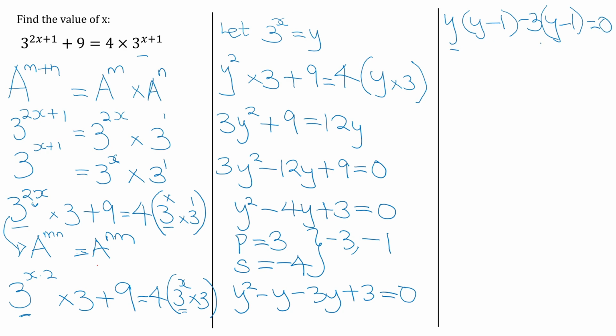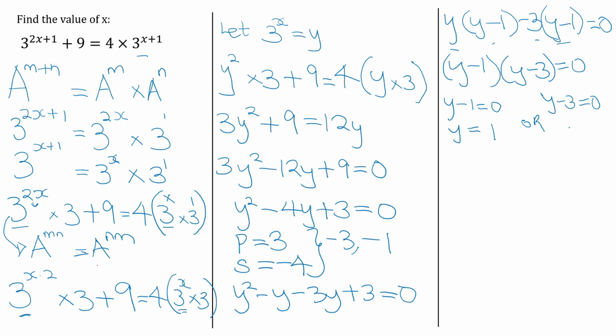So you pick this one and one of these factors. So you'll have brackets y minus 1, close the bracket, into brackets y minus 3 is equal to 0. So the solutions for y are y minus 1 is equal to 0, y is equal to 1, or y minus 3 is equal to 0, therefore y is equal to 3.